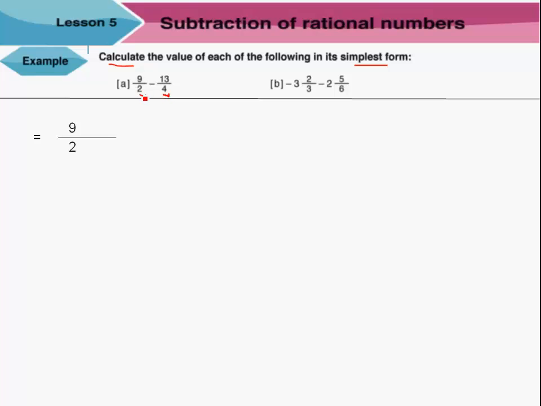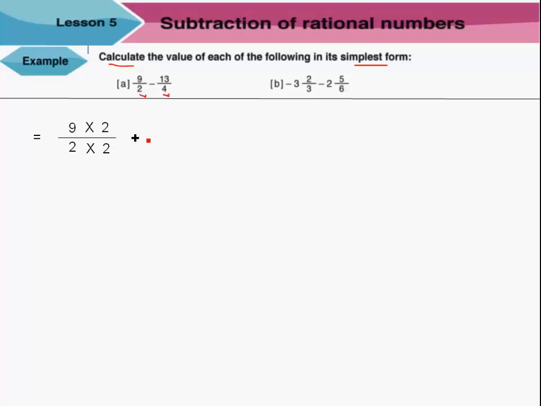We notice that if we multiply 2 by 2, it will give us the other denominator. So here we multiply the denominator 2 by 2, and we must multiply also the numerator by 2. Otherwise, it will be wrong. We will change the minus sign to plus sign in order to change the subtraction of rational numbers to adding rational numbers.